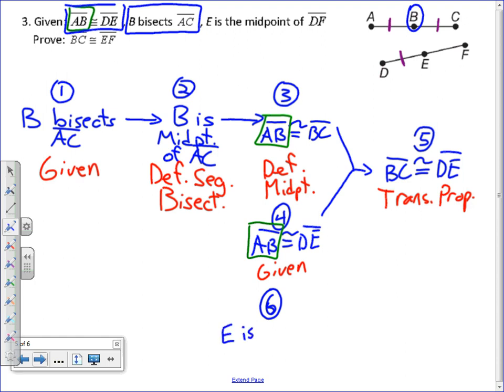So E is the midpoint of DF. Again, that's a given statement. Because I have a midpoint, that means I have 2 congruent segments. My 2 congruent segments are going to be DE and EF. So we say that next.